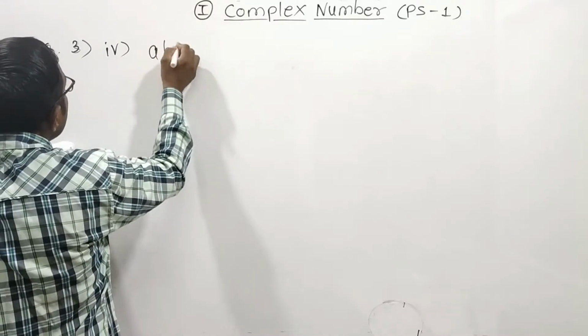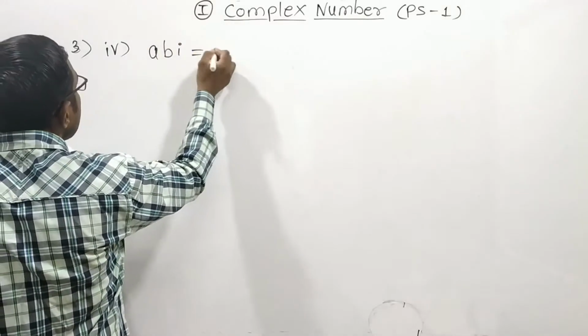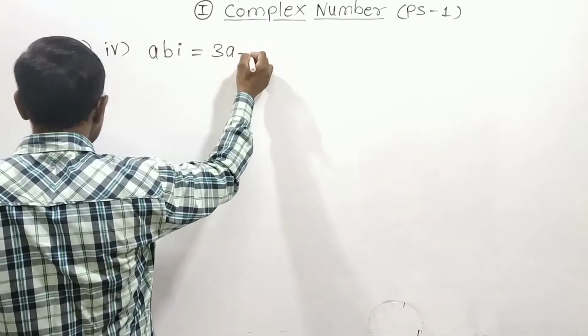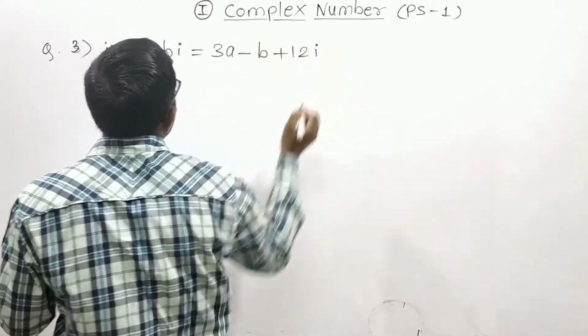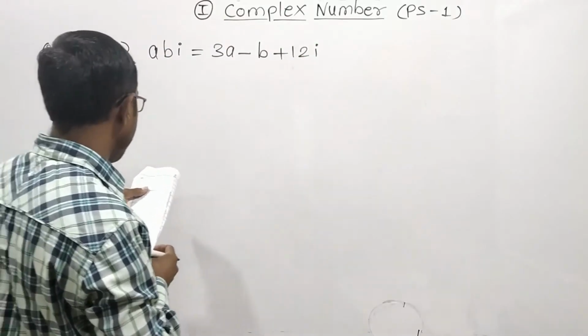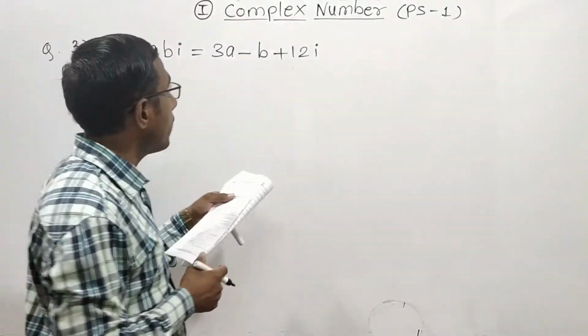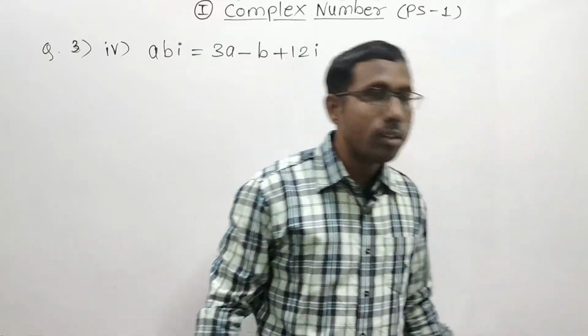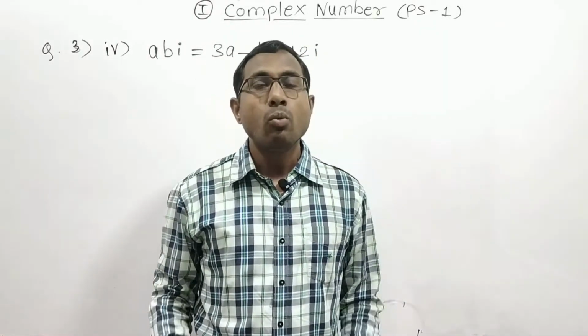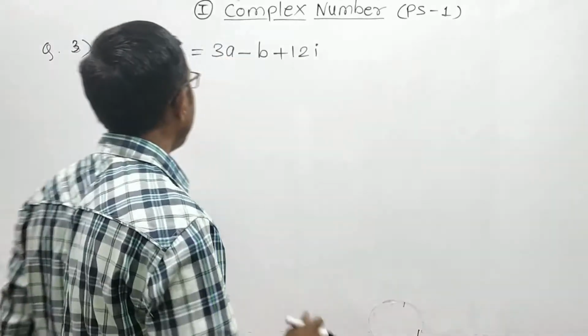abi is equals to 3a minus b plus 12i. So what is the technique to solve such type of question? On one side try to convert to one complex number.